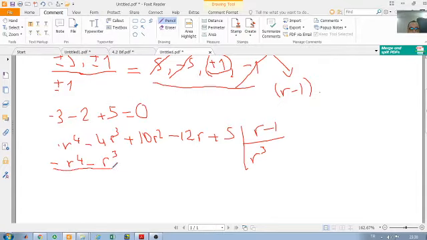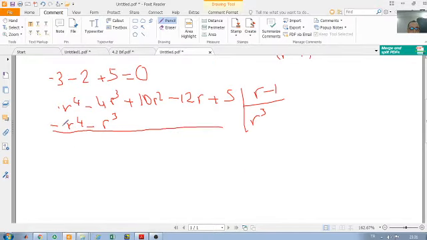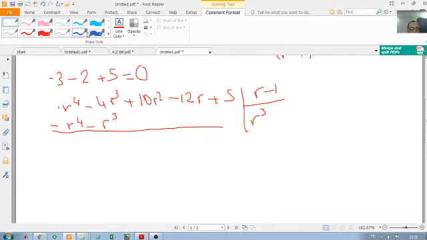When we apply a subtraction, this one becomes minus, this one becomes plus. So we obtain minus 4 times r to the 3 plus r to the 3, minus 3 times r to the 3, plus 10 times r squared minus 12r plus 5.